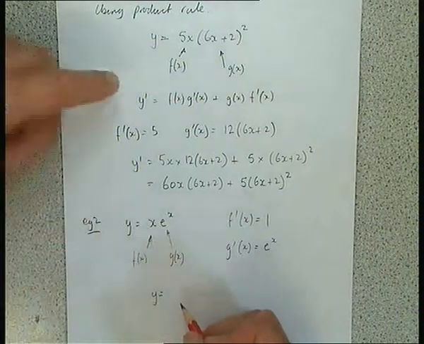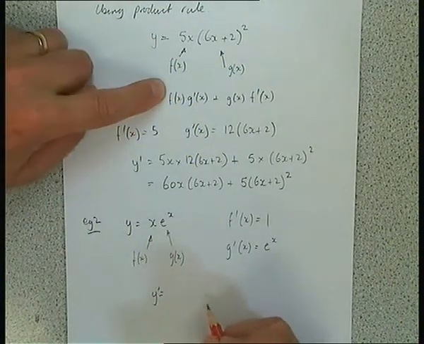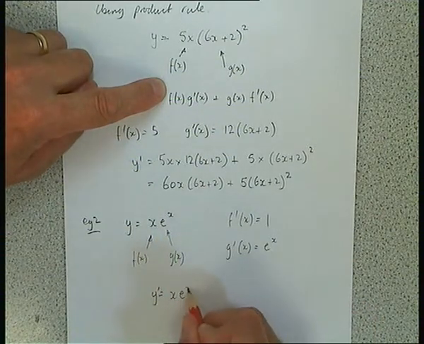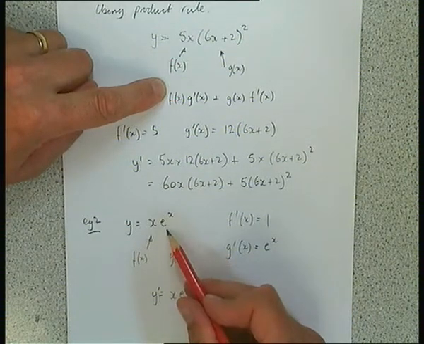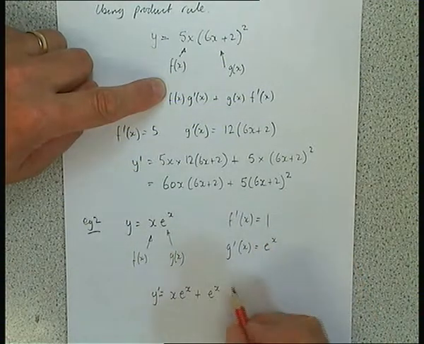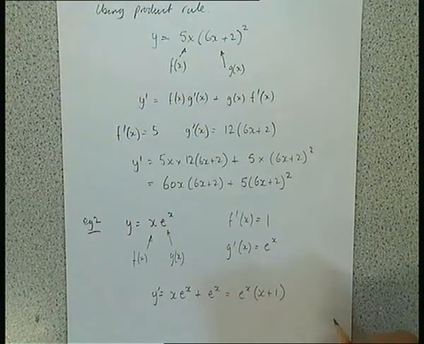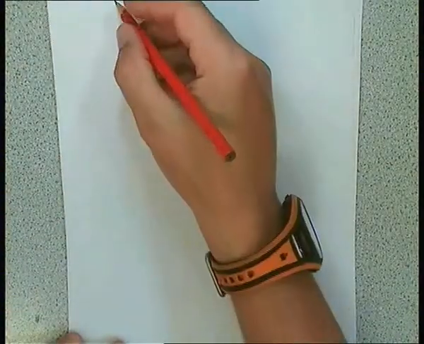I use my rule here. f of x is that, g of x is that, so that gives me x e to the x plus g of x, which is that, times f dash of x, which is e to the x times 1, which is just that. And I'm going to take a factor out there, so e to the x (x + 1).